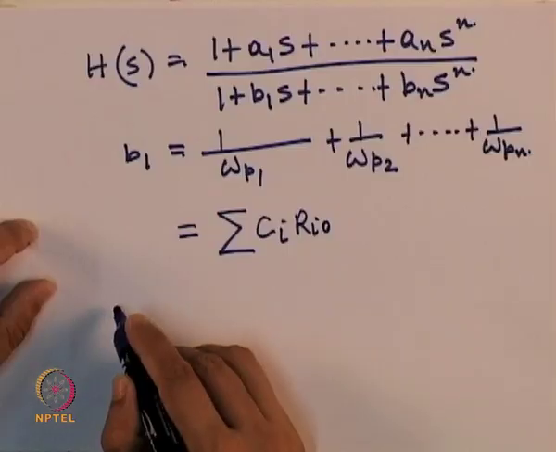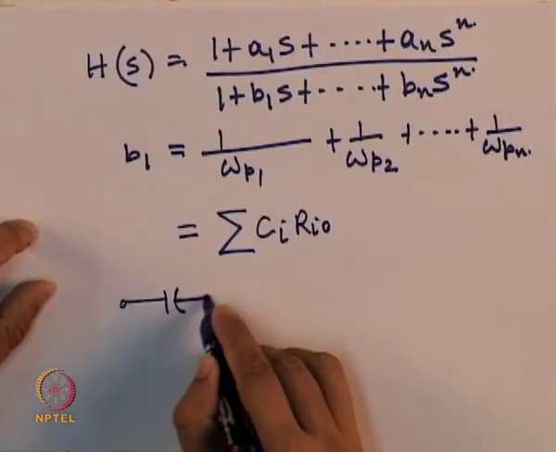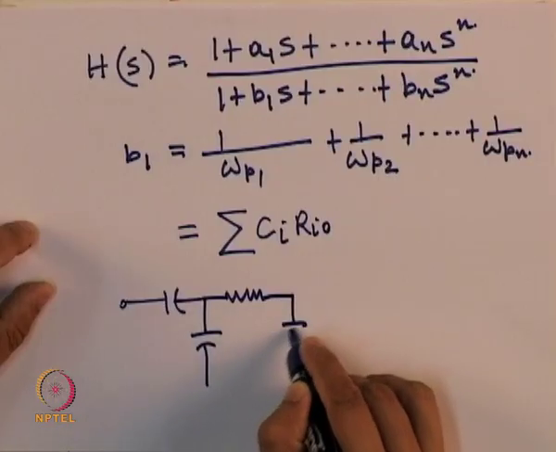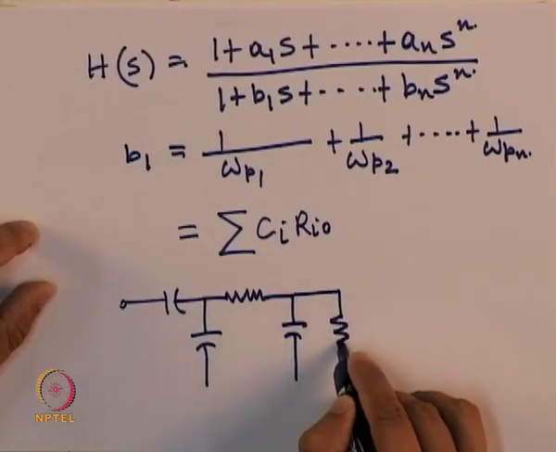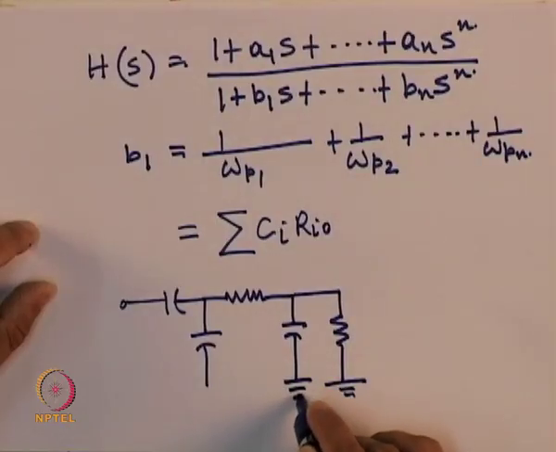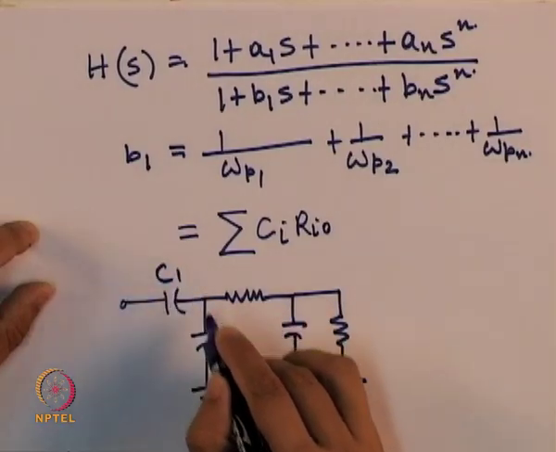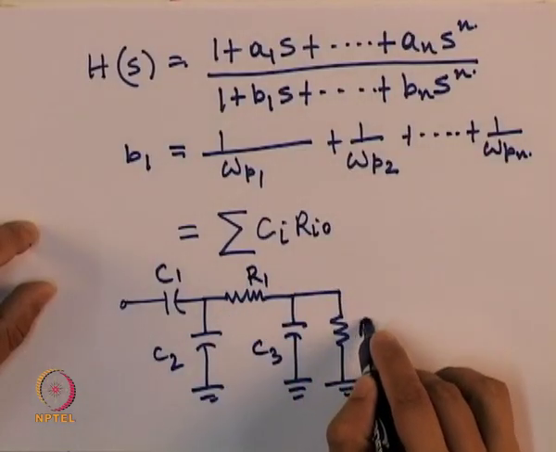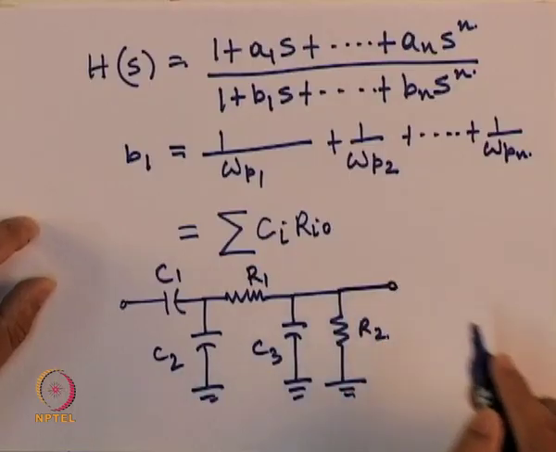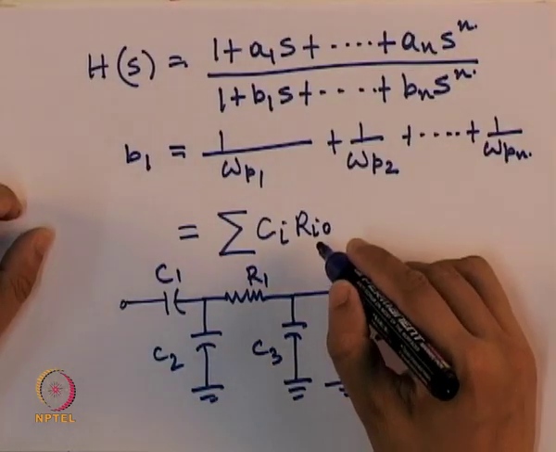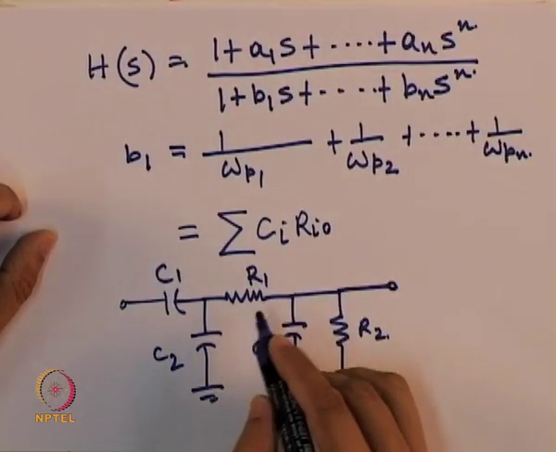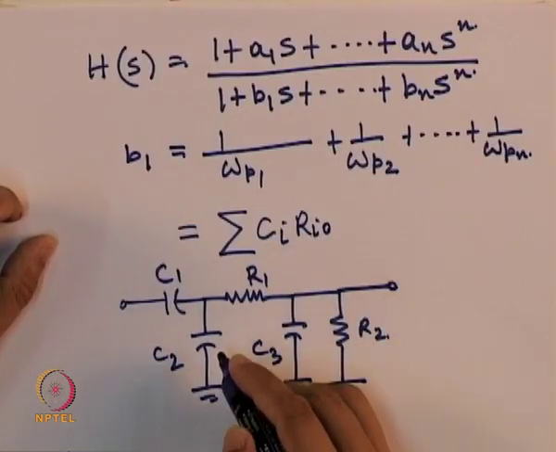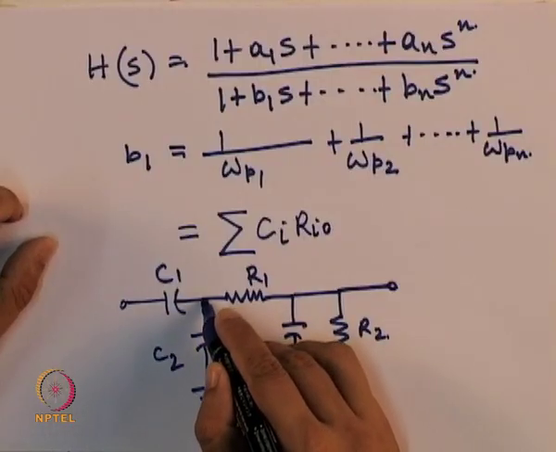Now, here this C_i, suppose your circuit consists of a number of capacitors like this. Suppose this is your circuit, then for each of these C's, the value of the corresponding R_i0 will be the value of the equivalent resistance.